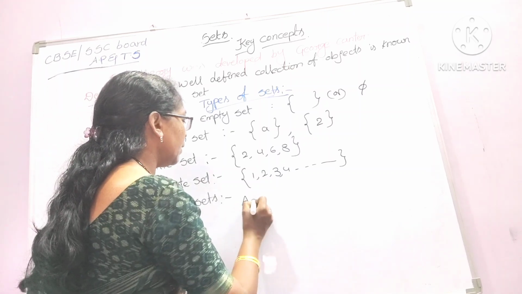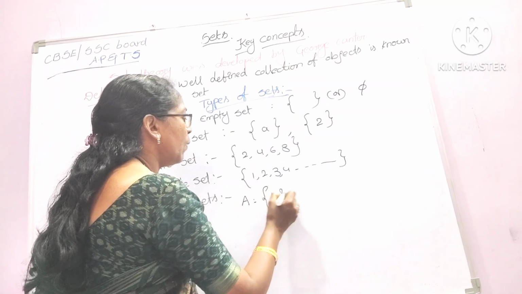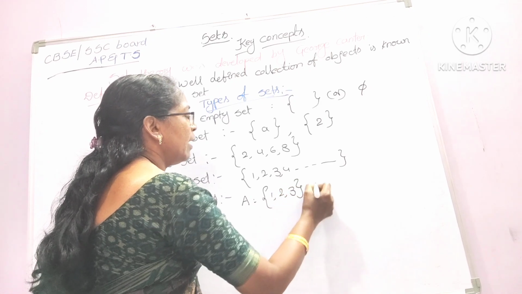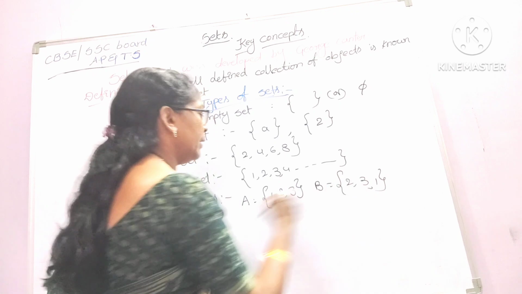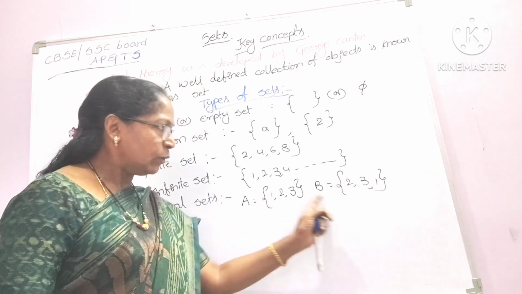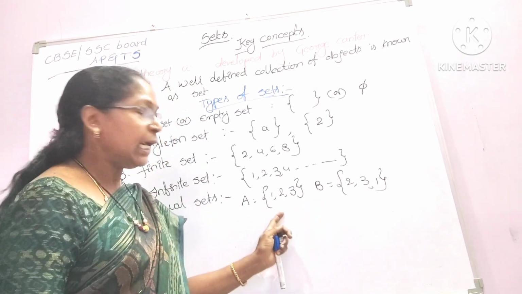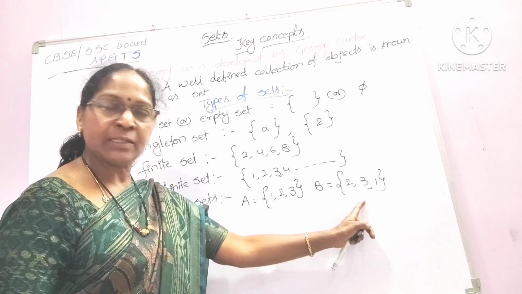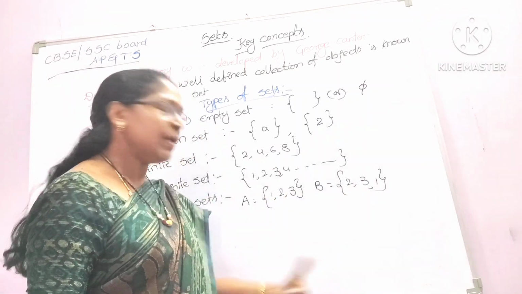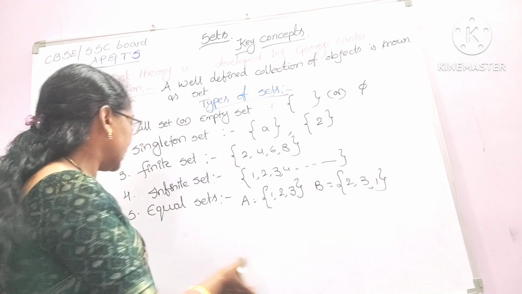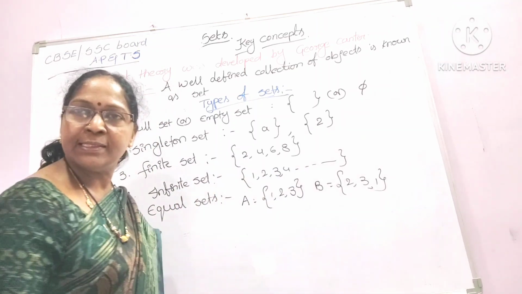For example, here A equals {1, 2, 3} is one set and B is {2, 3, 1}. Here the same elements are in both A and B, and the same number of elements are there. Here 1, 2, 3, here also 1, 2, 3. So we can say that those are equal sets.